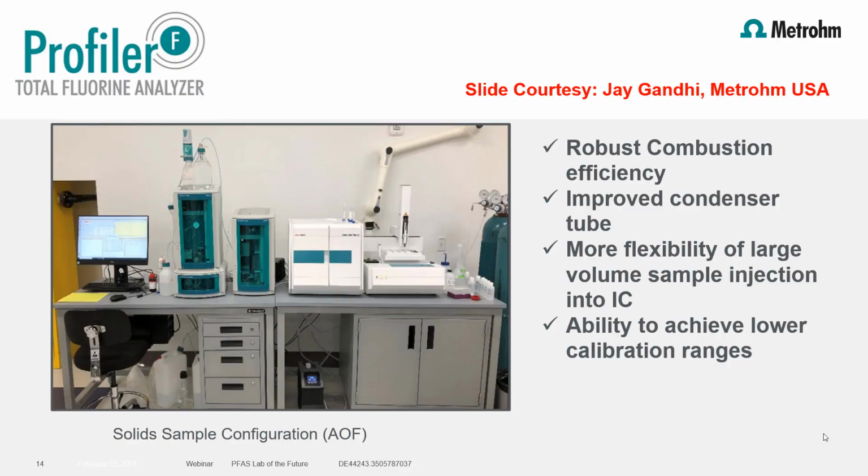Now also highlighting this system is, it provides very robust combustion efficiency, so you get robust data across different samples, and it offers a large flexibility of injection volumes, and also the ability to go low into the part per billion range in terms of concentration. And typically the low part per billion range is where you would expect a sum of PFAS or fluorinated compounds.